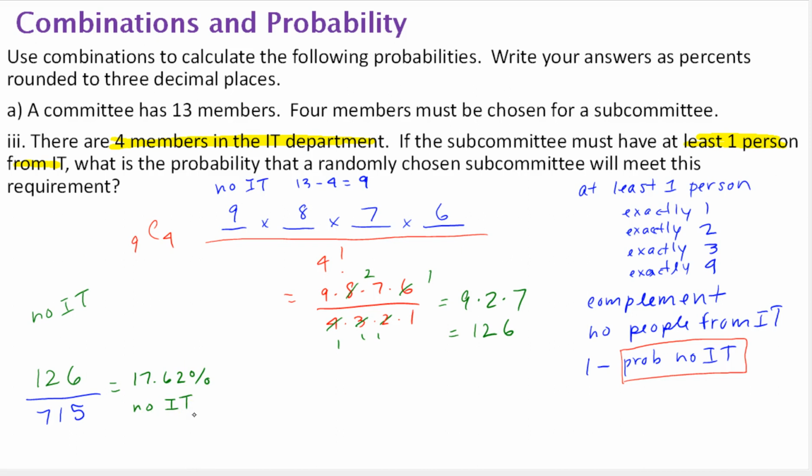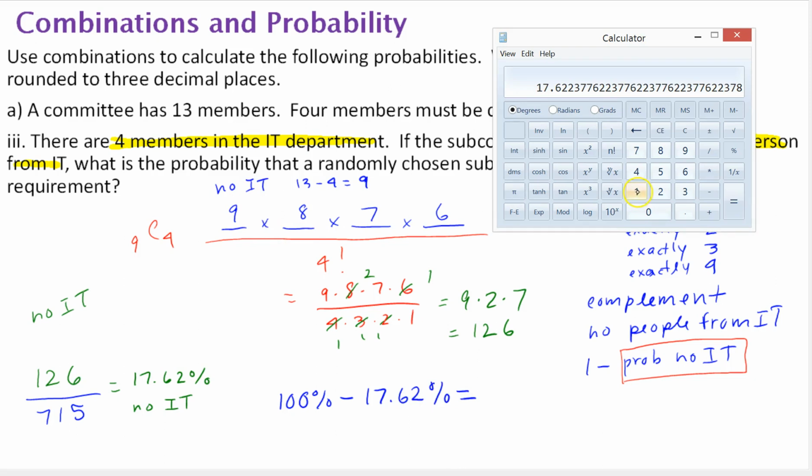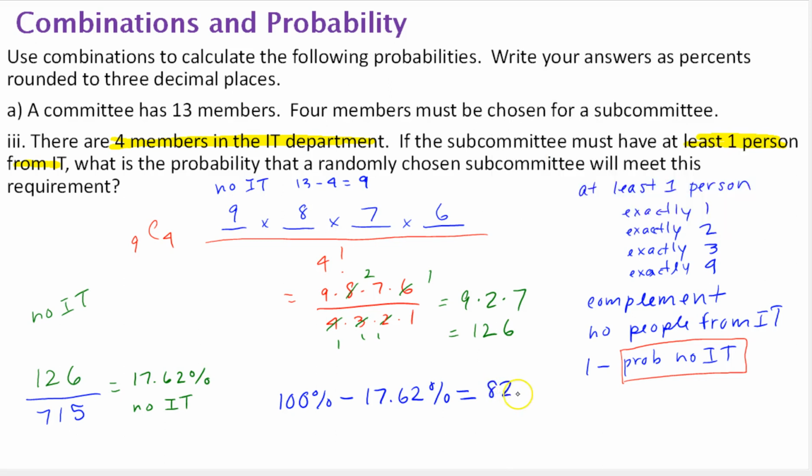So at least one person from IT would be, since we're writing this as a percent, 100% minus 17.62% equals 82.38%. And that is our final answer.